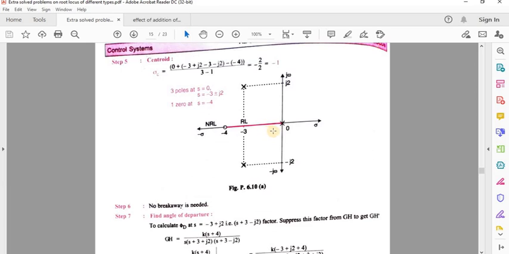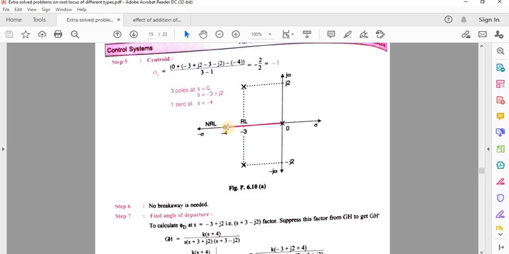So we can see here the presence: the first is the pole at 0, this one is the second pole, this one is the third pole, and one zero at minus 4. In the interval from minus 4 to 0, excluding this zero, there is only one root present, which is the zero at minus 4, so an odd number of roots are present.